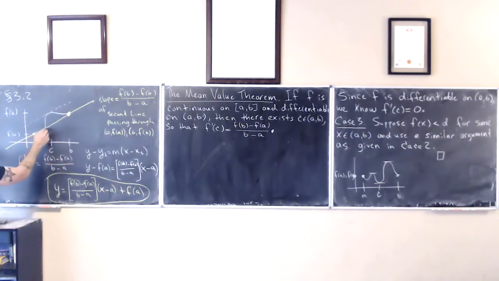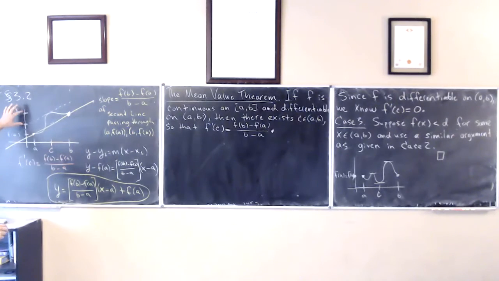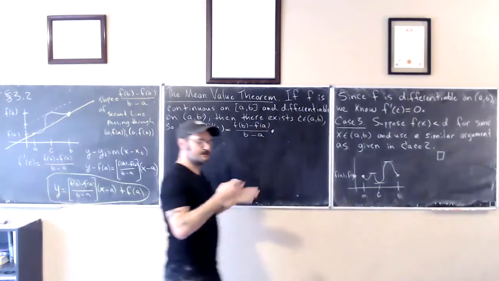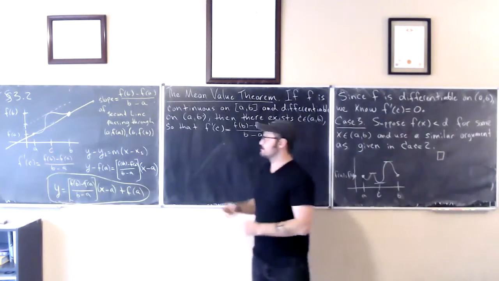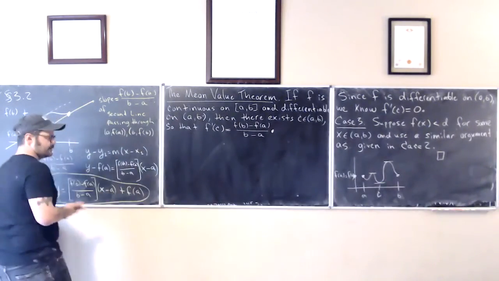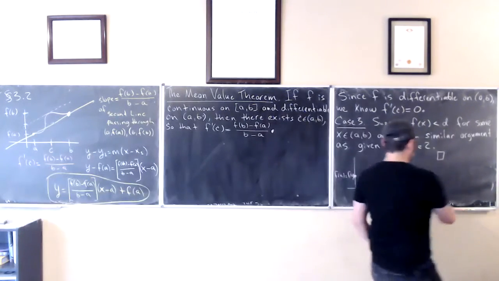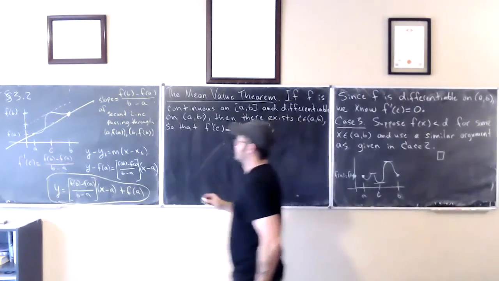So for example, here, there's the value of the secant line, and then the value of the function is up there, right? So we're going to look at the difference between the secant line and the function f. We're going to use Rolle's theorem to show that this is true. And you'll see how it works out in a moment. So let's just go ahead and do that.